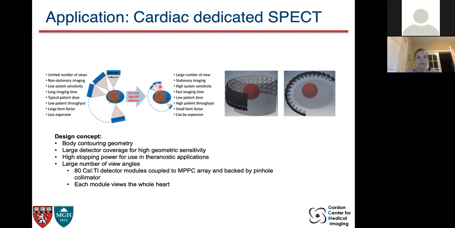So each of these detectors contains a scintillator and a pinhole collimator. And in order for us to go close to the body and to pack more detector modules and increase geometric sensitivity, we have this in a minifying geometry.